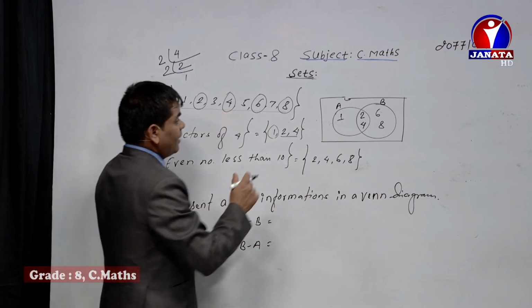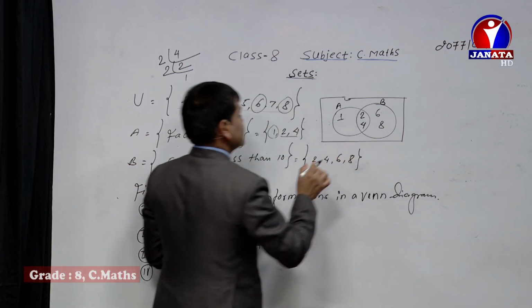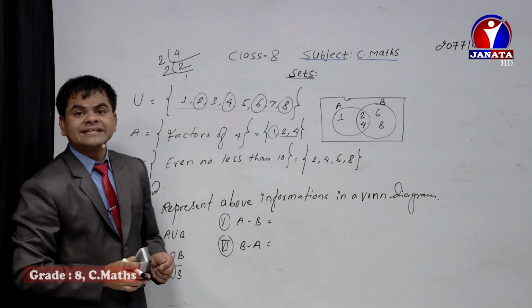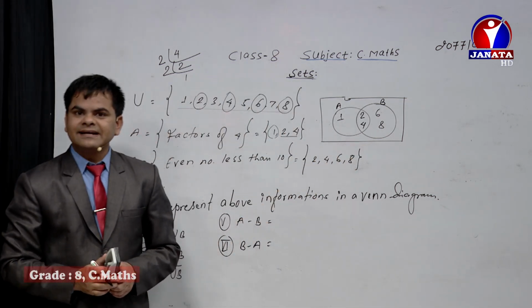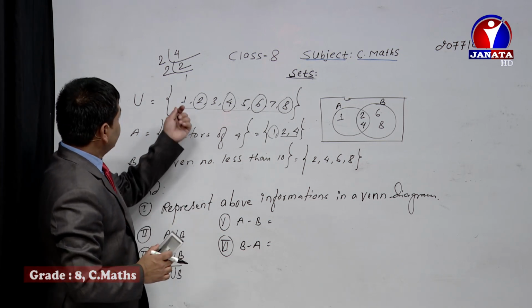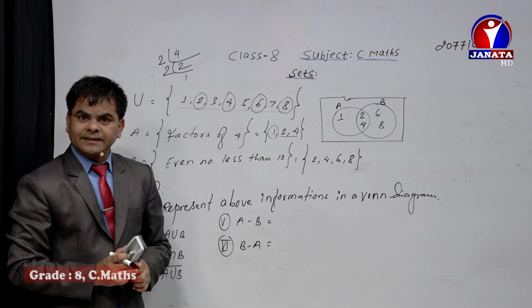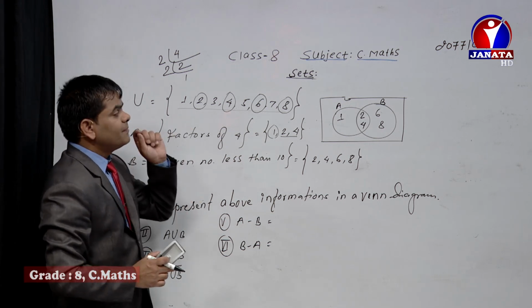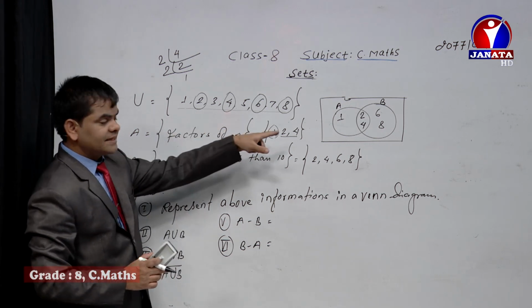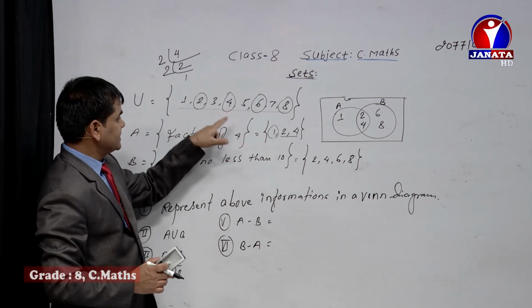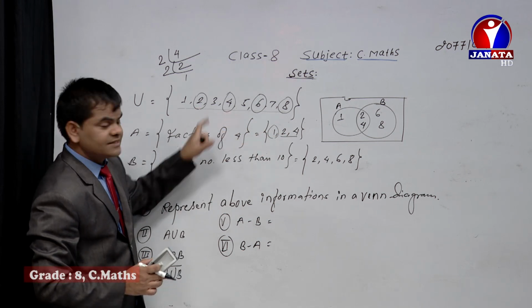So now, dear students, still remains to complete the Venn diagram. We have only presented the information of set A and set B. Now we need to fill in the information present in the universal set as well. So which remain? 1 we have already represented. 2 we have already represented. Now still there is 3 to be represented.